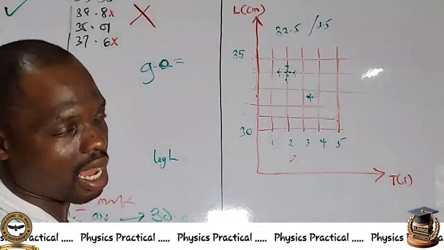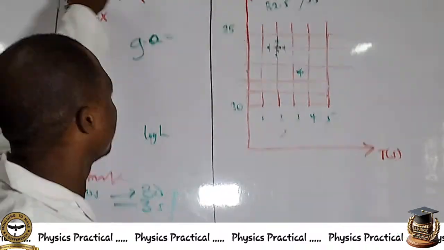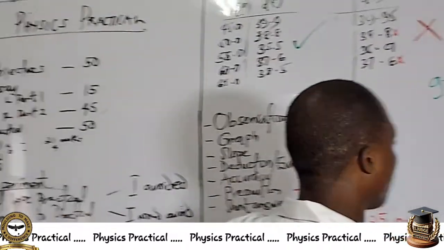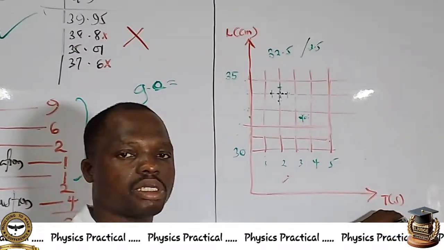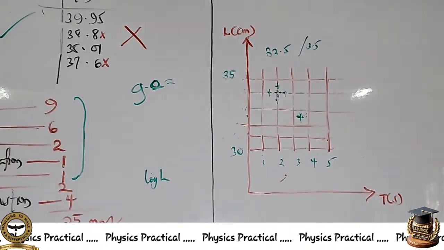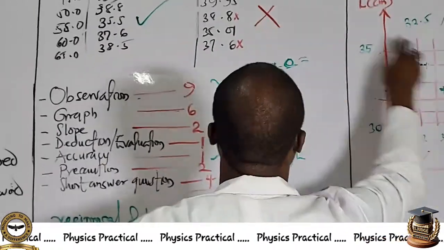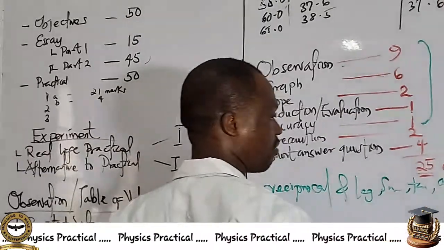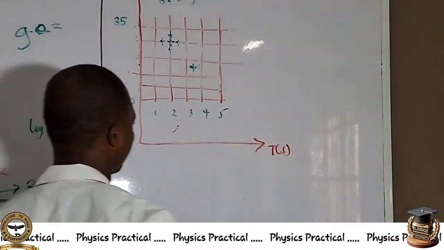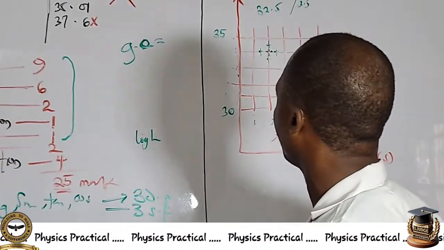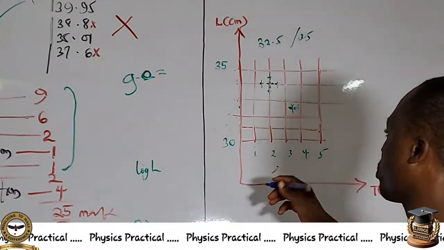Now assume that I didn't write L centimeter and period, the seconds, on my table. Because I've seen the unit here, I will still mark you even if you don't have it there. But you just have to put it on both sides so that you don't make mistakes.